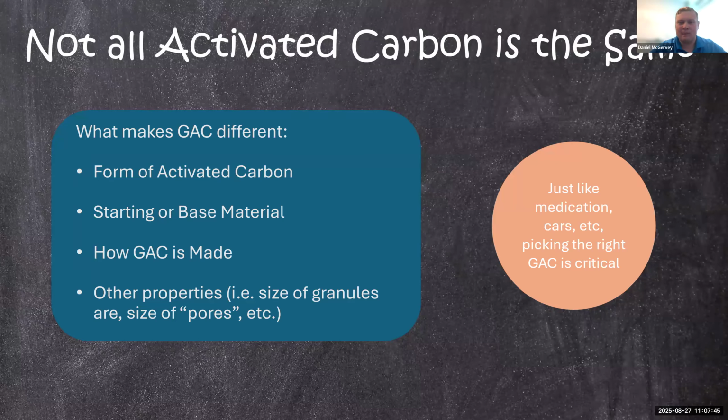There are definitely some different manufacturing abilities that are stronger than some others. And there are also some other properties like the size of the pores itself. But in general, just like anything, medication, cars, picking the right GAC is really critical, especially with something like PFAS, which can be a lot more difficult to remove to these part per trillion levels that a lot of times these are down to and being tested at and regulated to.